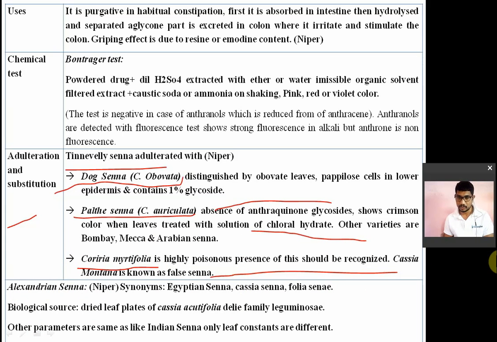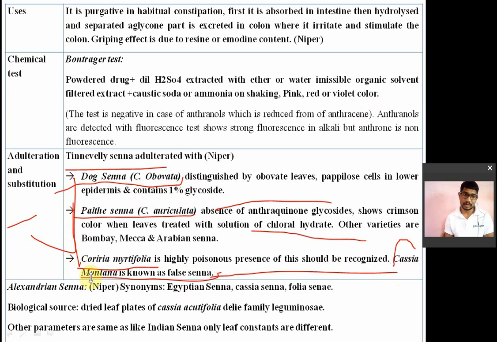Cassia holosericea is another variety known as false Senna, used as an adulterant. Different varieties of Senna used as adulterants: dog Senna, Palthe Senna, then Bombay, Mecca, Arabian Senna, then Coriaria myrtifolia, then the false Senna. These are the adulterants for the original drug.